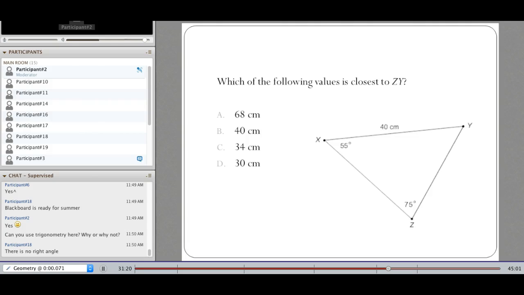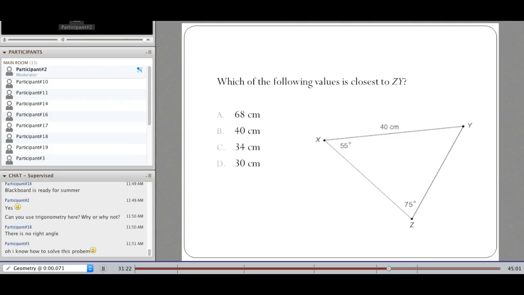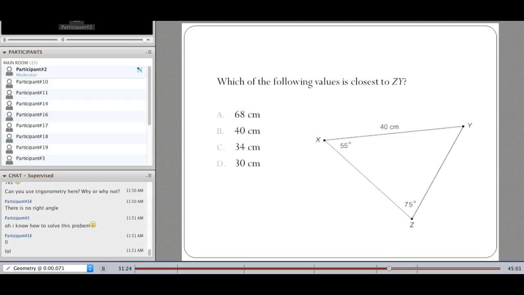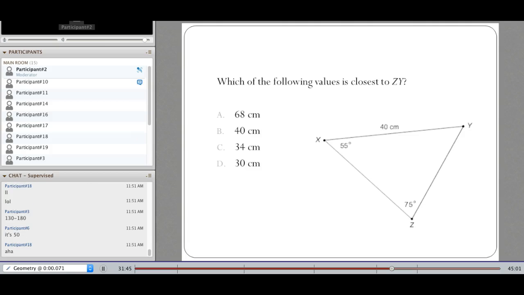I'm breaking my rule and jumping on the mic before the timer's up. But yes, there's no right angle here, because if you add 55 and 75 and subtract from 180, this is not 90 degrees. So remember what we talked about last time. What do you have to use?